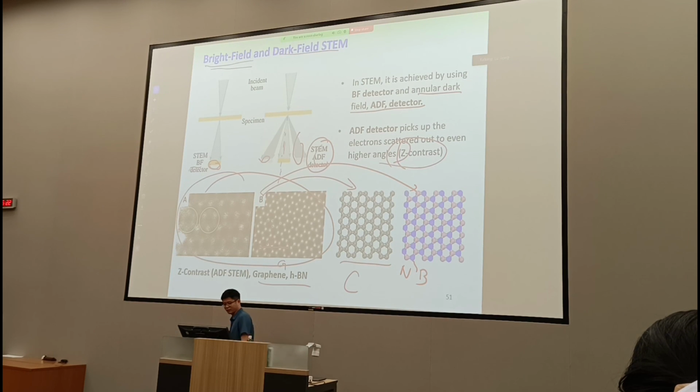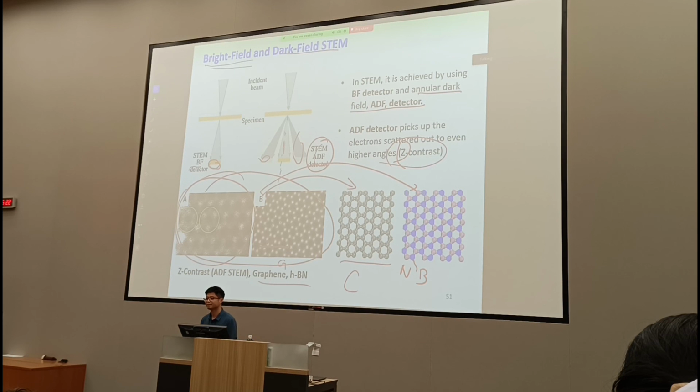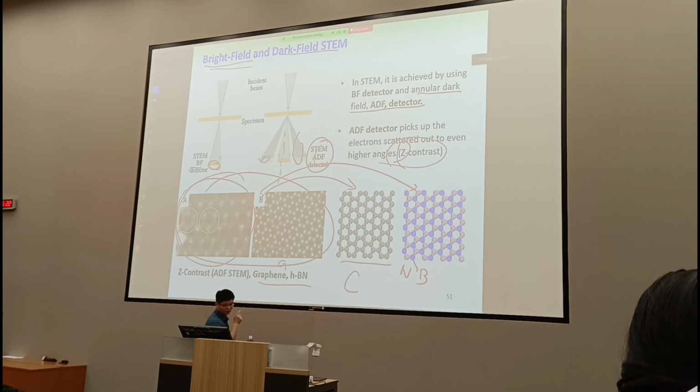A is the boron nitride and B is graphene. Boron nitride or graphene. Okay.